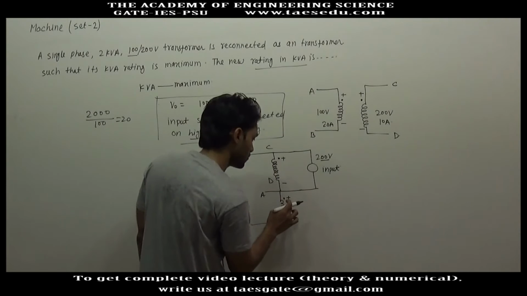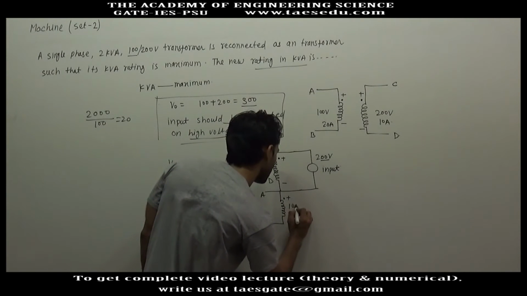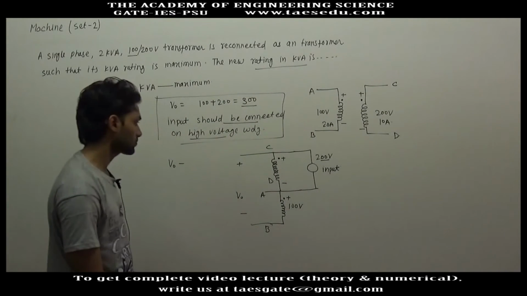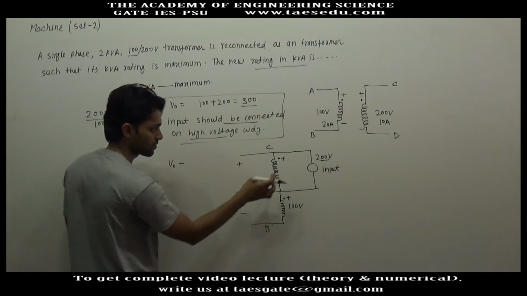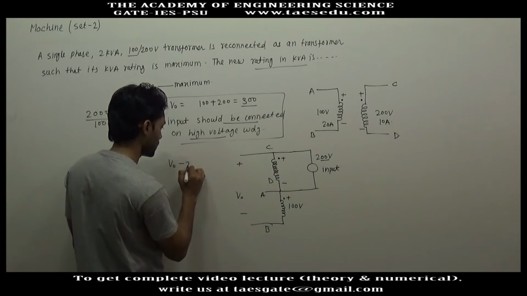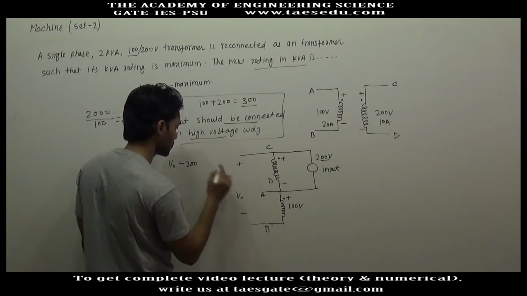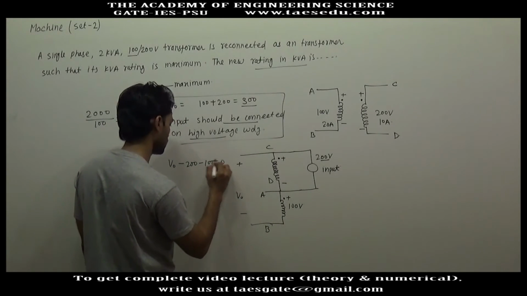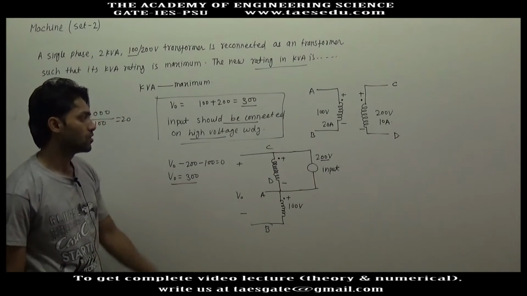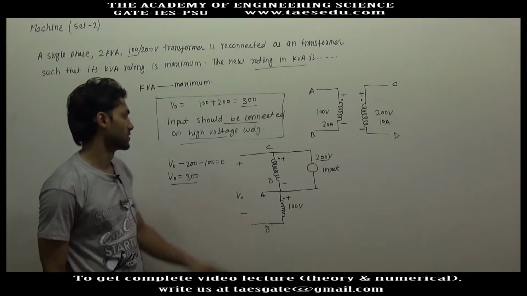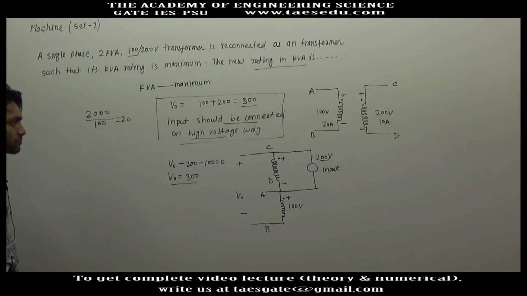So if here voltage is 200 volt, voltage induced in this winding will be 100 volt. So from here to here you have gain of voltage V0, here to here drop of 200, here to here drop of 100. So this way we got output voltage as summation of voltage induced in these two windings.